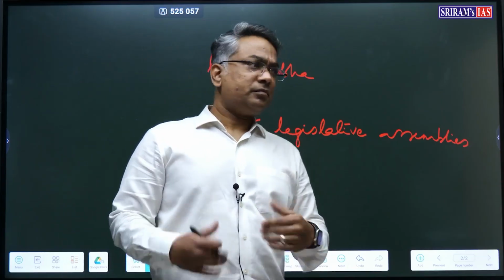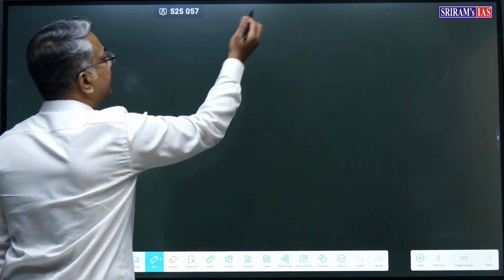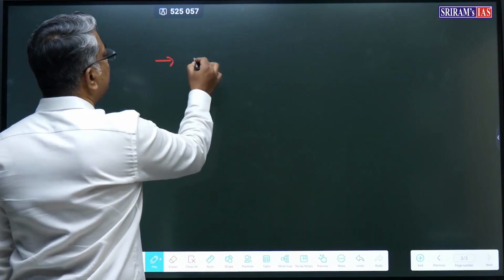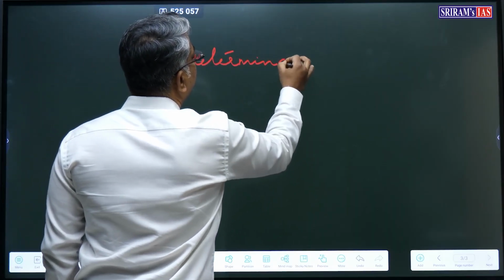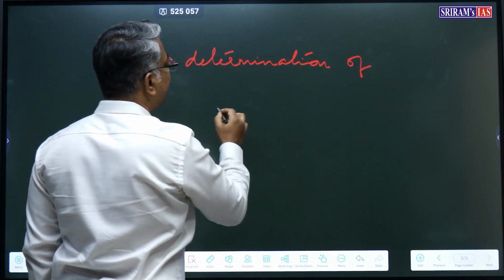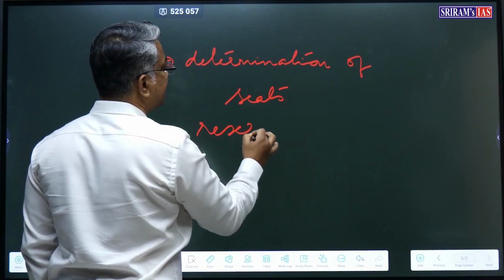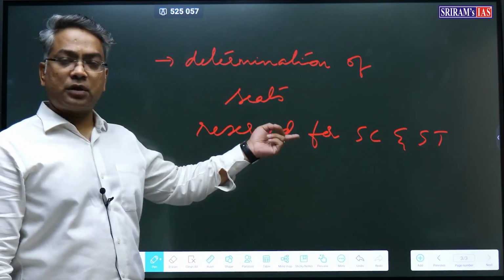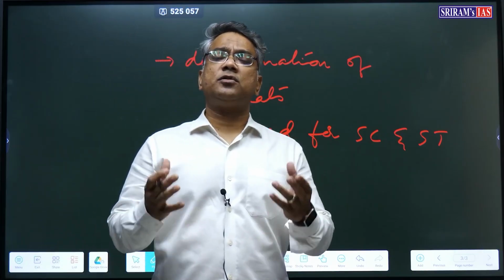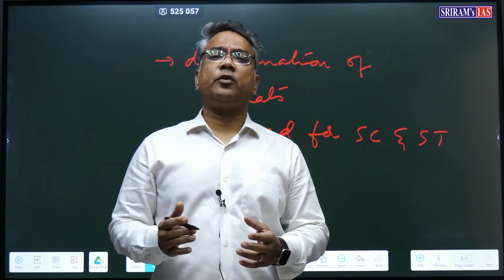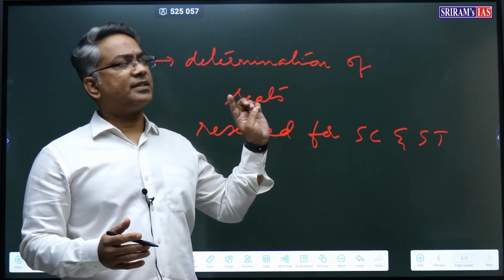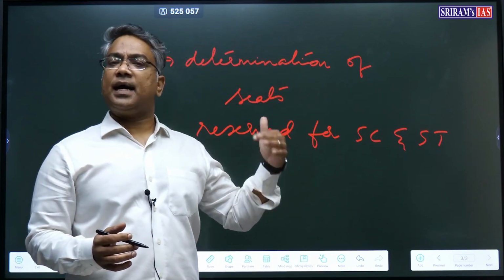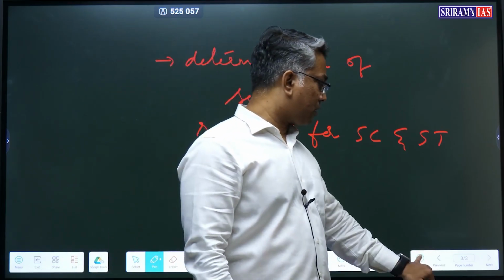Okay, so it also includes not only the fixing of the number of seats and the boundaries of territorial constituencies, it also includes the determination of seats reserved for SCs and STs in each state for Lok Sabha and state legislative assemblies. So, what is the constitutional provision?